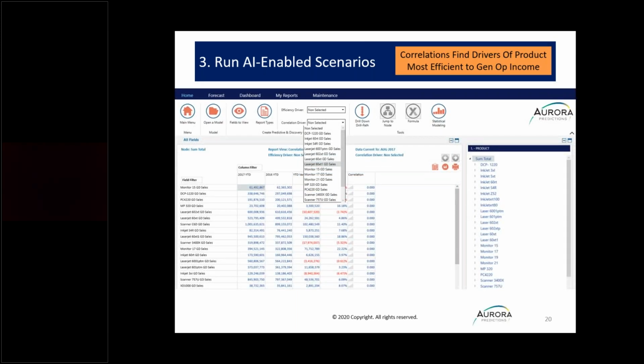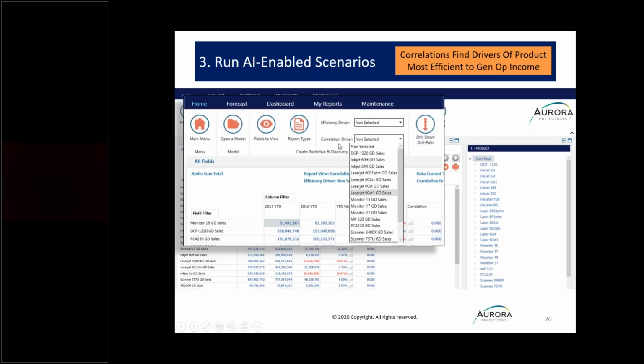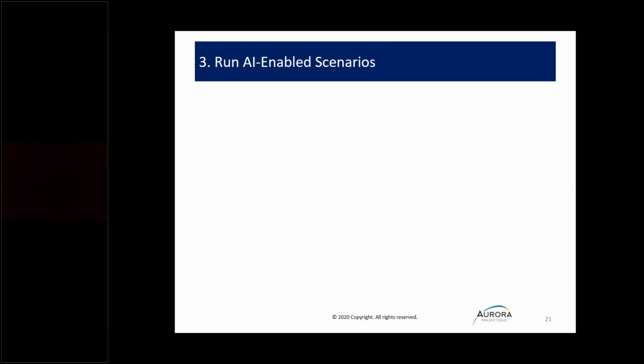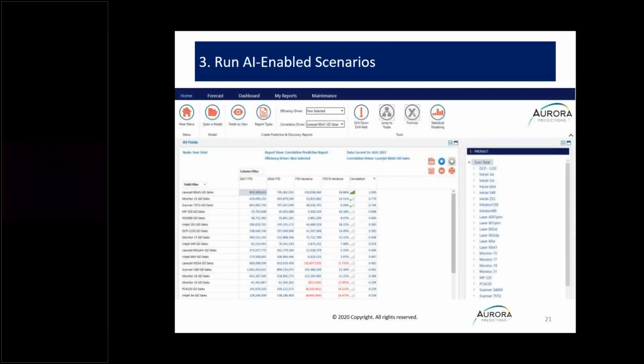So we're going to have a little different report now. This now we're going to use in our columns up here as a correlative report. And we're going to pull down here our correlation drivers, and we're going to pick the LaserJet 60 XT1, which is our most efficient product to generate operating income, and we want to correlate it with all our other products.